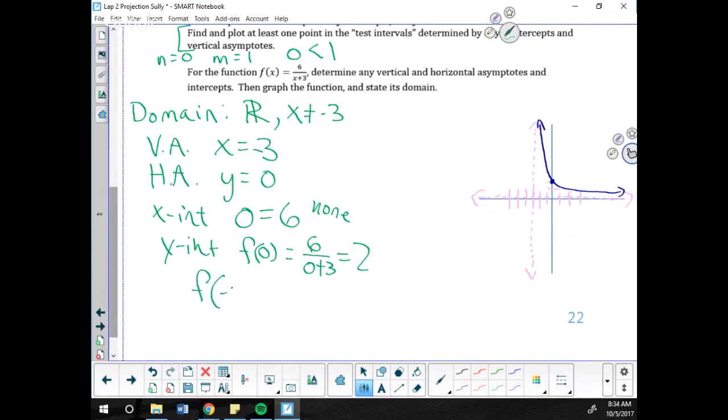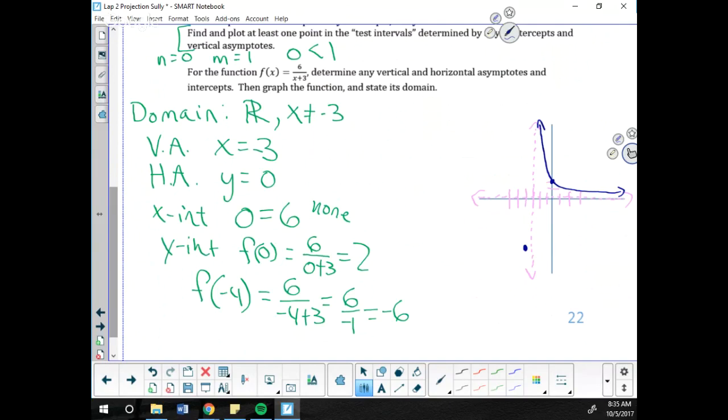F of negative 4 equals 6 over negative 4 plus 3, which is 6 over negative 1, which gets us negative 6. So I'm going to come over here to negative 4 and go down to negative 6. 1, 2, 3, 4, 5, 6. I just kind of went lower, and that's fine.